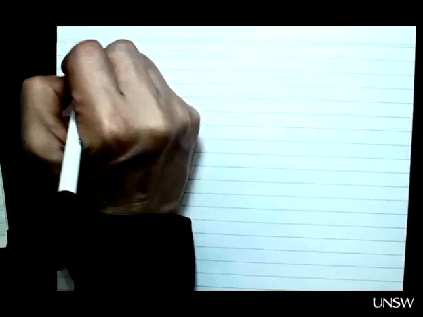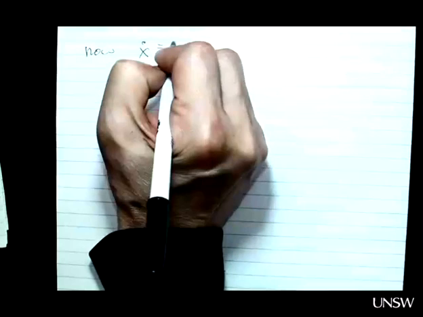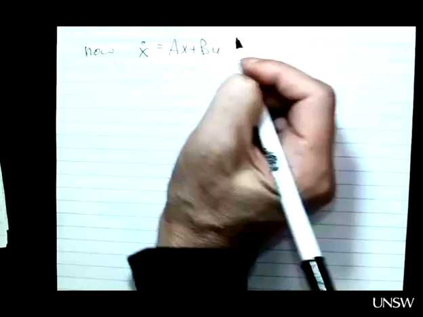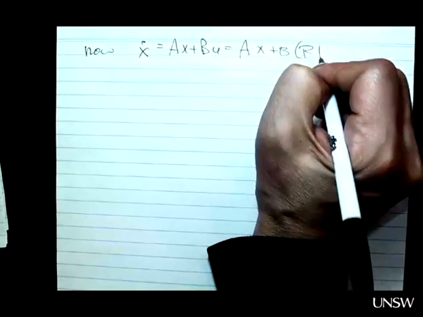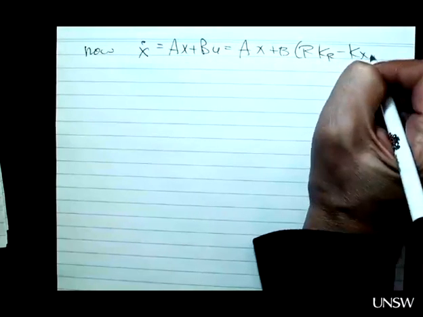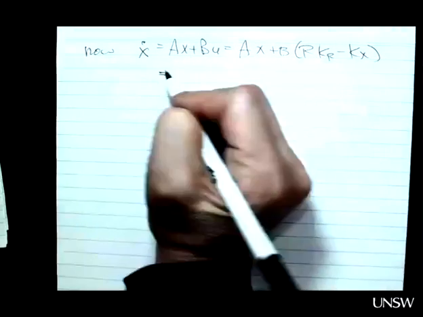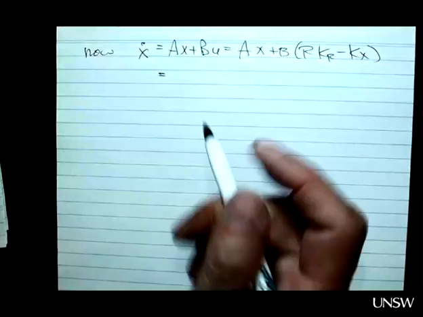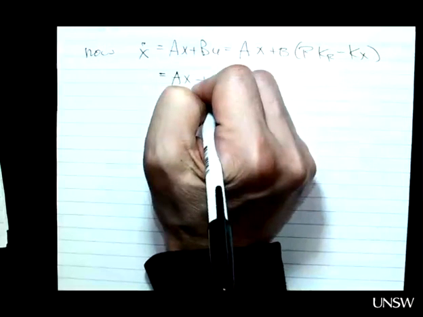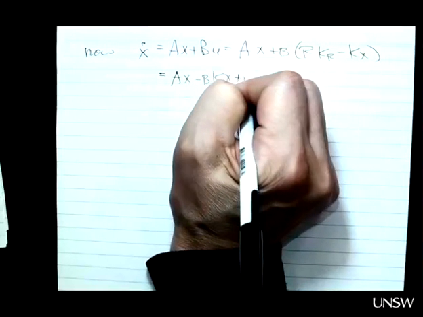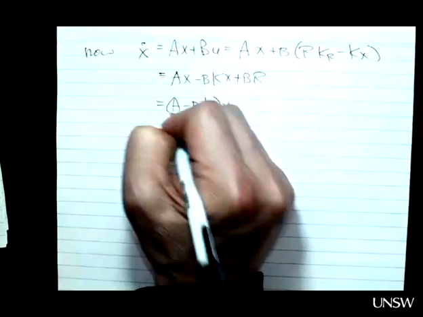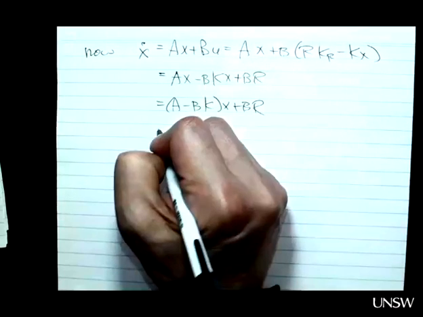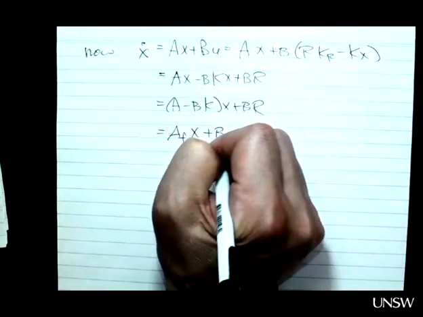So now what we have, the state is Ax plus Bu, and then the u is Kr minus Kx. So it is (A minus BK) x plus BKr.